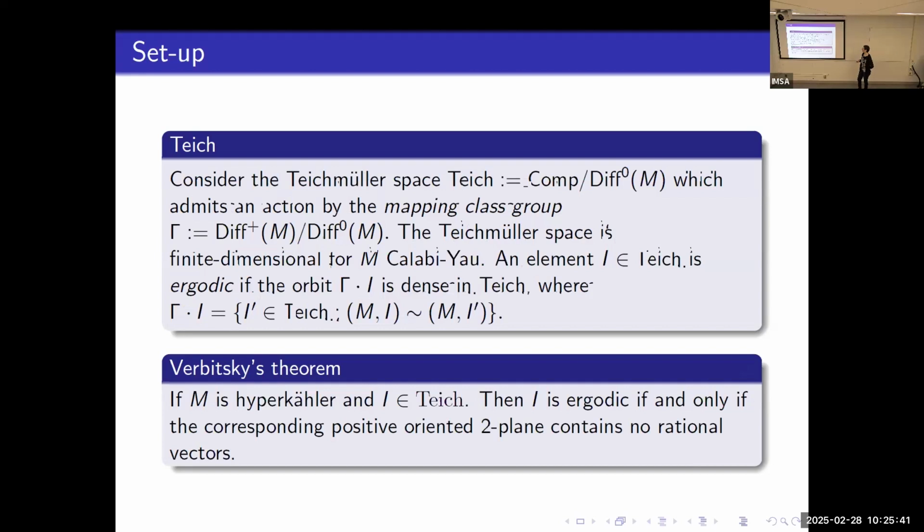There is a period map from the Picard space to the period domain, which looks like a Grassmannian. And then in this Grassmannian, the corresponding points are positively oriented two-planes. And Verbitsky proved that the action is ergodic if and only if the corresponding positive oriented plane contains no rational vectors. So that's the general case.